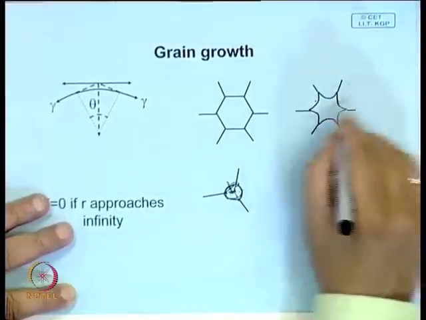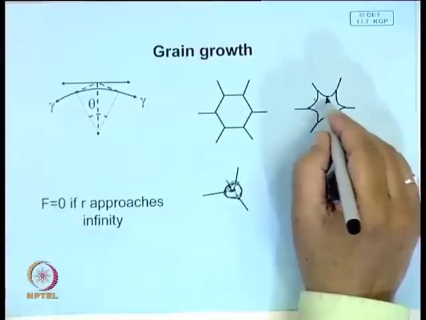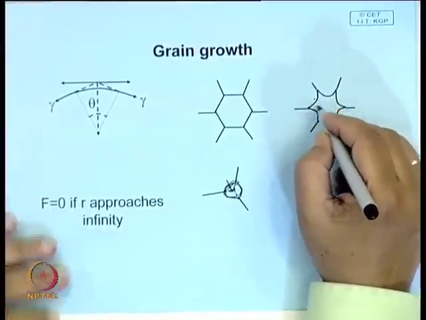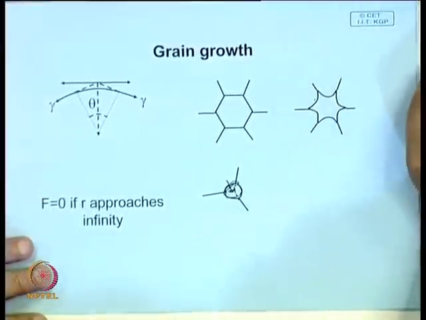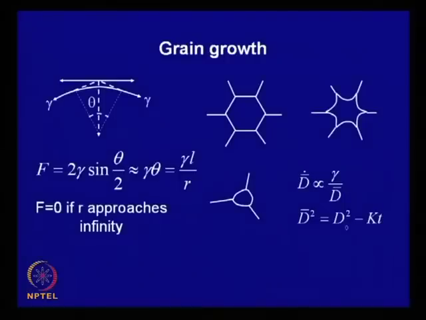Similarly, here also. So, any curved boundary will be unstable, and they will try to straighten up, and it is possible to show that the rate at which the grain will grow will be determined by the surface energy, and this is gamma over R. R you can say it is half the grain size, so that means this is d by 2. So, in a way you can say the rate at which the grain growth takes place is inversely proportional to the grain size.